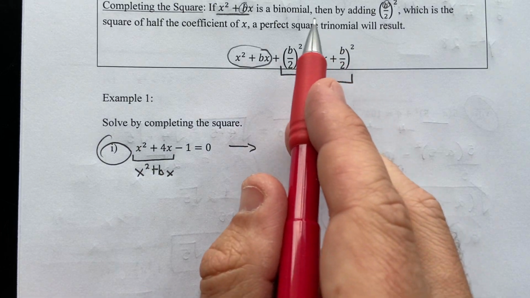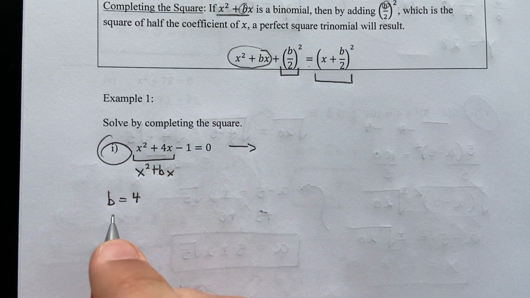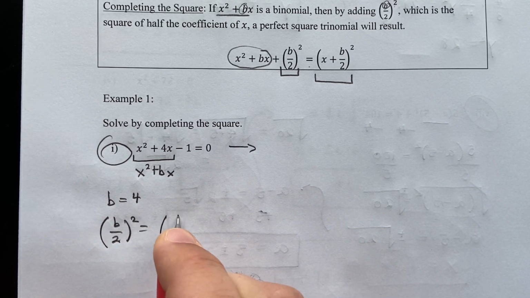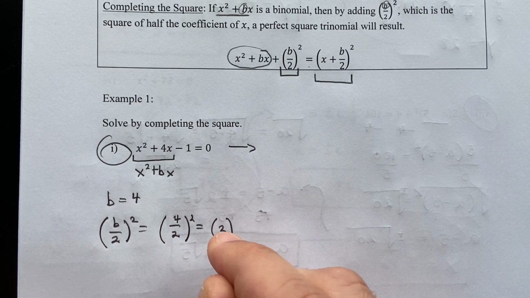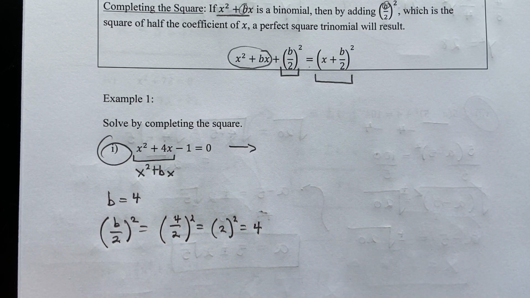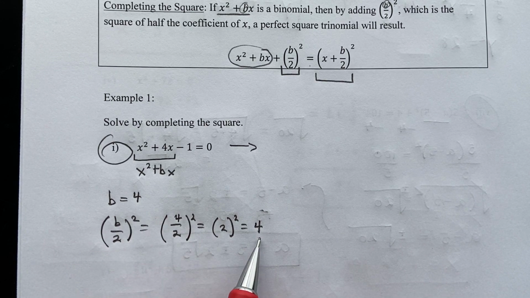So b for this problem is 4. That means that half of b squared would be 4 over 2, which is 2 squared, which is actually 4. And 4 is the only number that does that besides 0, where half of itself squared is itself.